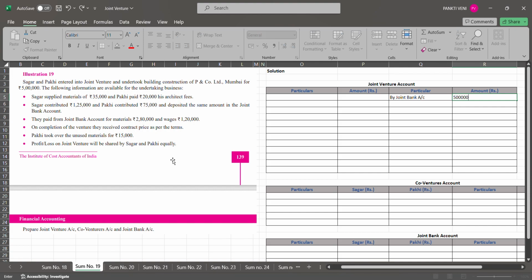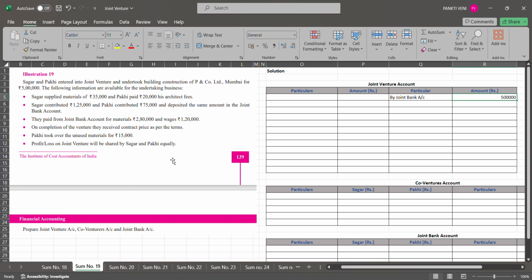5 lakh rupees. Then we have next: the following information is available for undertaking the business. Sagar supplied material of rupees 35,000 and Paki paid rupees 20,000 as architect fees.